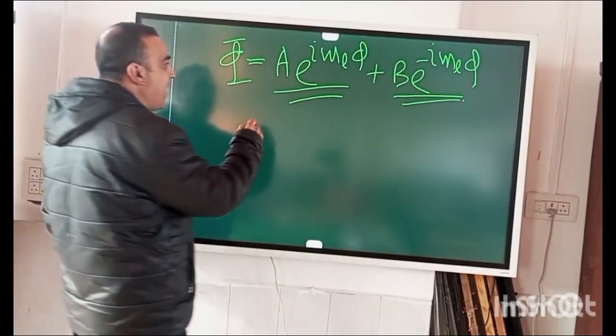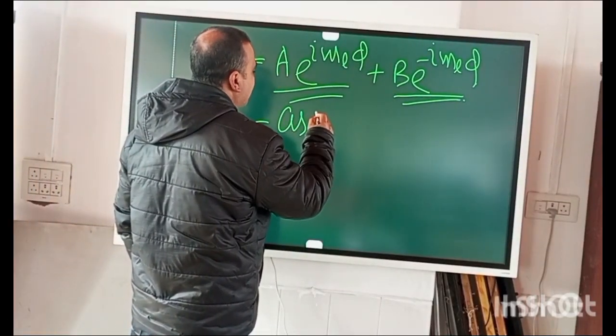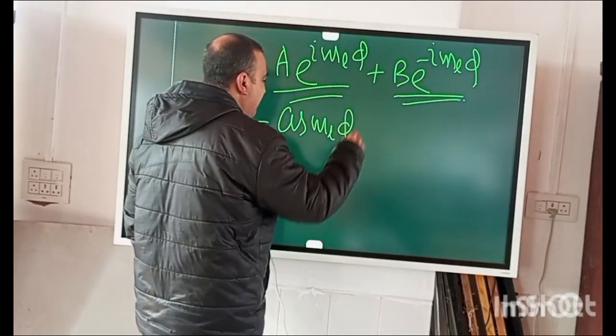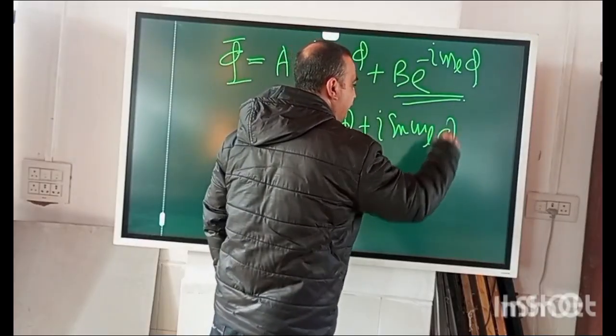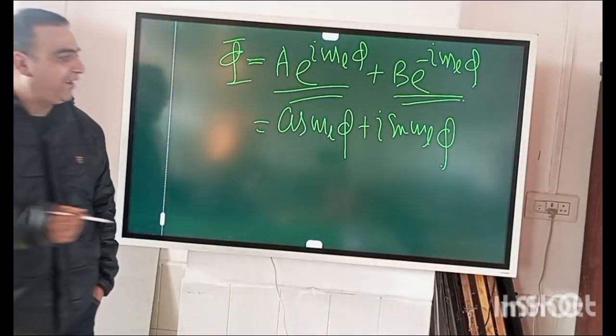So this is made of what? This is made of cosine component. Cosine of ml of phi plus iota sine of ml of phi. Right? But phi is 2 pi periodic.